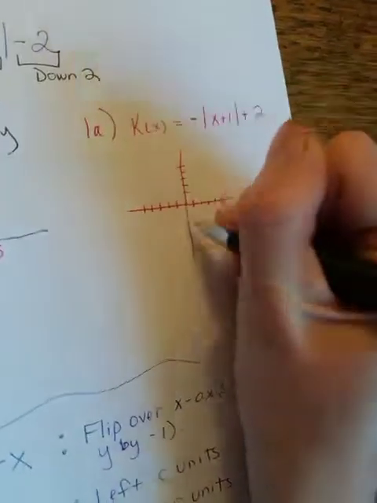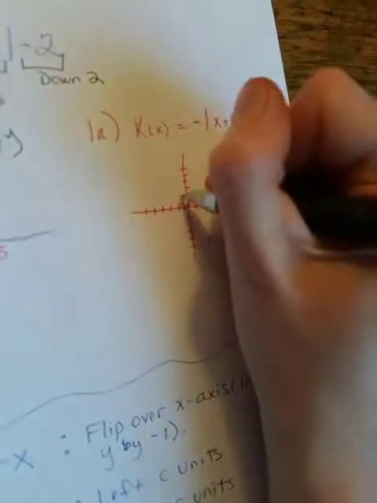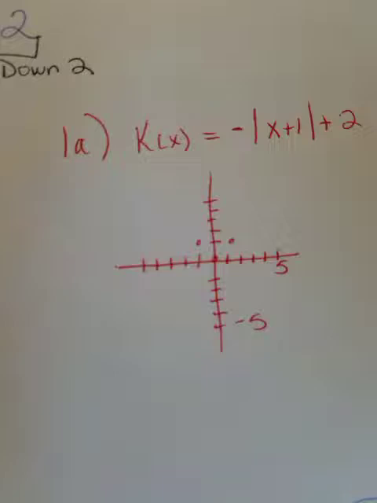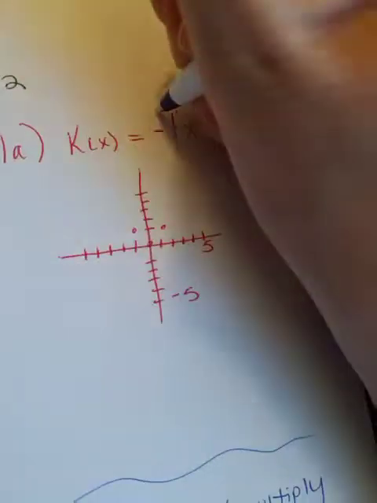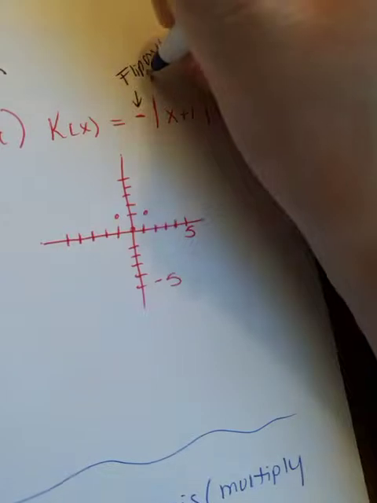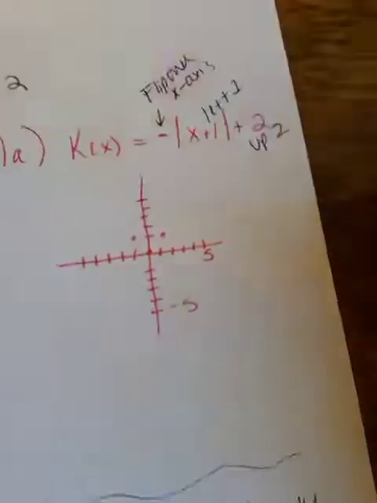I always use my parent function graph, those 3 points, and I move them one at a time. What does this mean? I'm going to flip over the x-axis, go left 1, and go up 2.